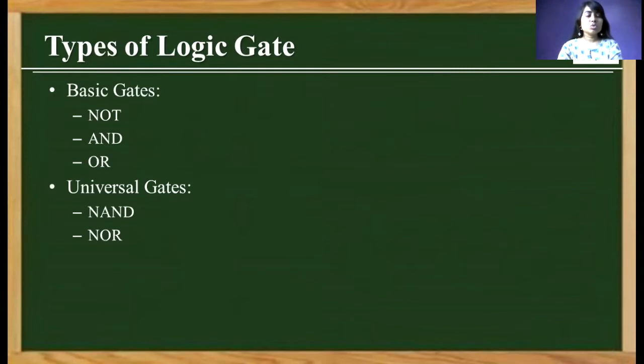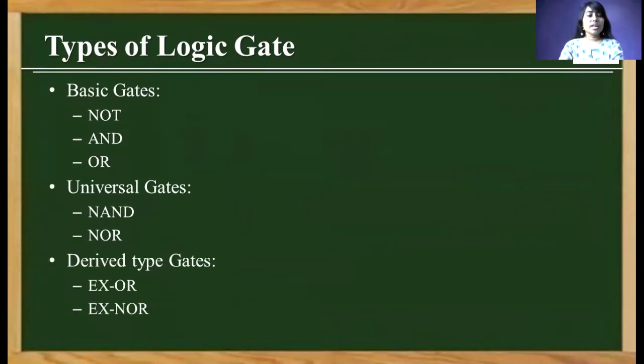That means using NAND gate only we can implement all kinds of basic operations, and using NOR gate also we can implement all types of basic operations. Next, derived type gates, XOR and XNOR.